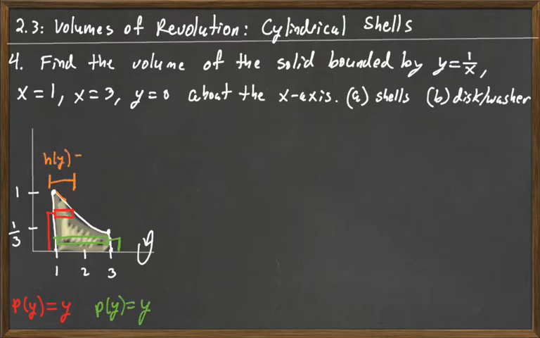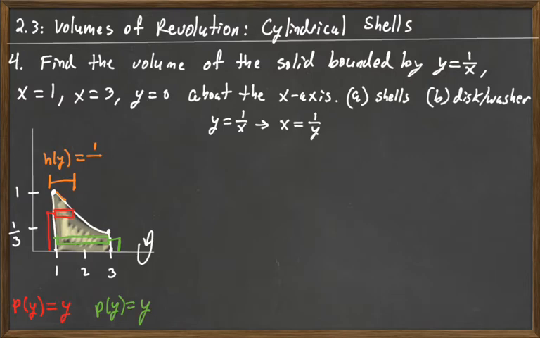So h of y is equal to, now our function 1 over x determines the distance from the x-axis to this point here on the graph. Now, if we solve that for y, that's going to be x equals 1 over y.